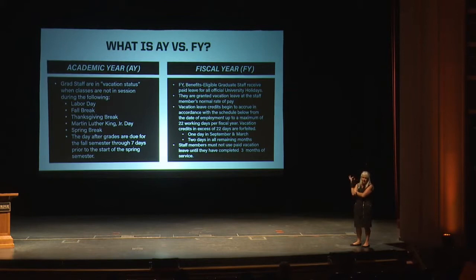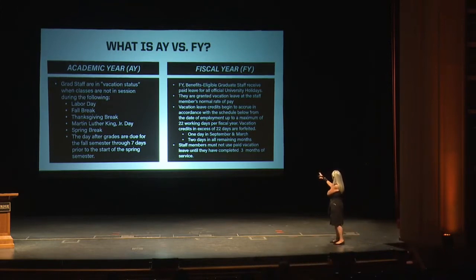You have to work about 30 days before you're eligible to take a vacation day. You're not allowed to start taking vacation days right away. It starts to accrue, and eventually, after you work your year, you can accrue up to 22 days, so if you wanted to take 3 weeks off.